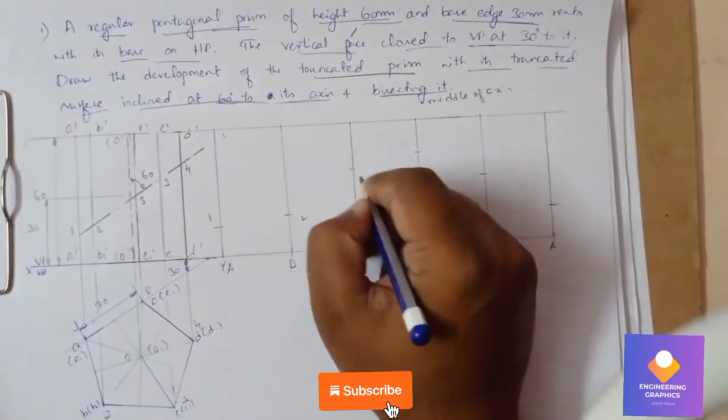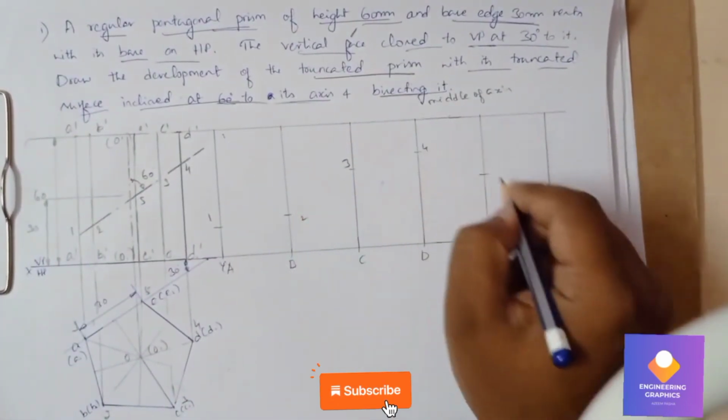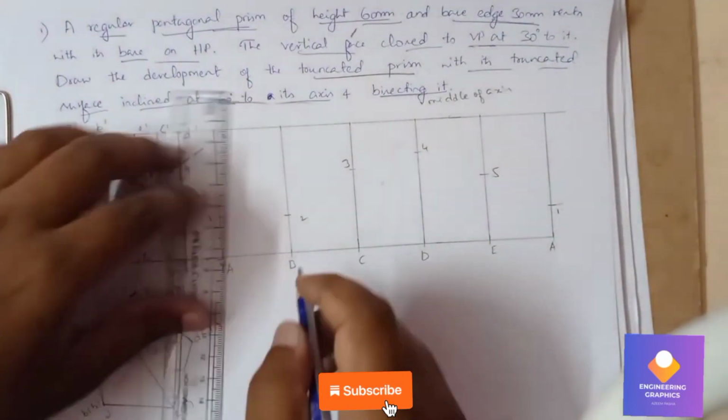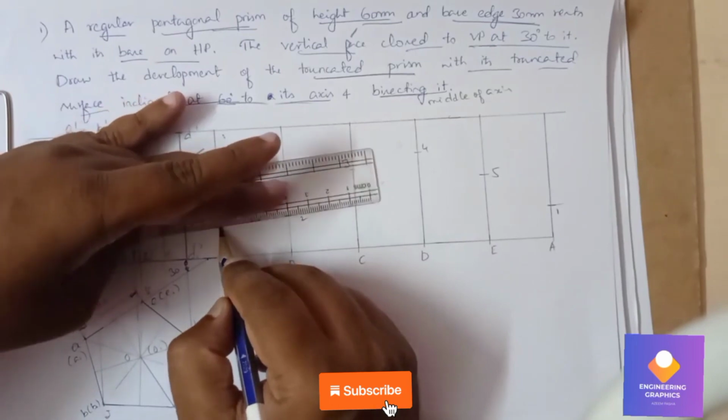So we can mention the naming 1 2 3 4 5 and 1. Now you can join all these points with the help of a scale using straight lines.